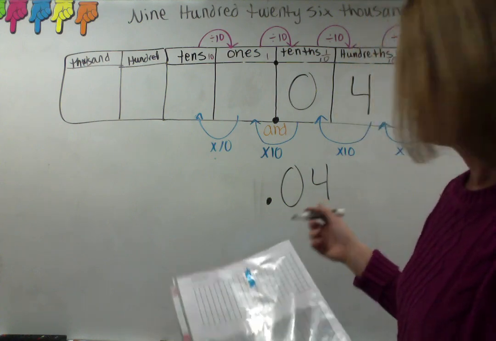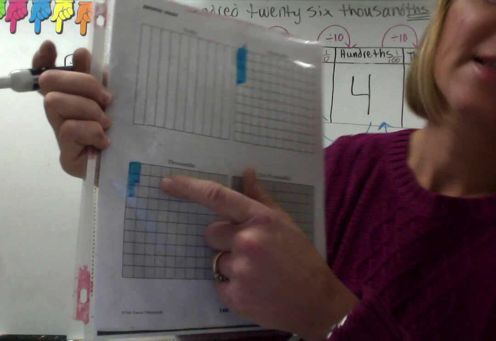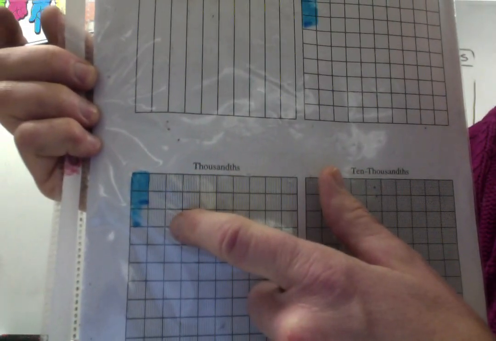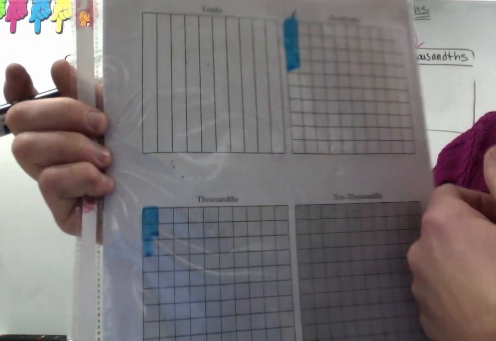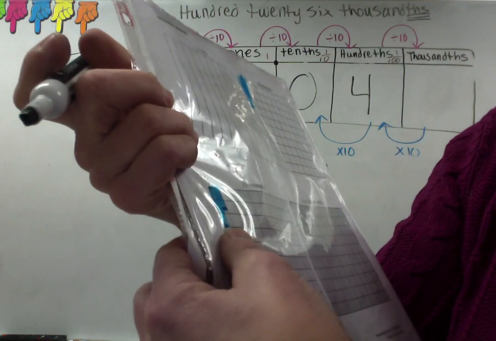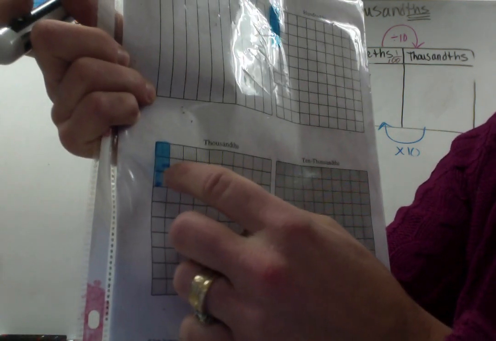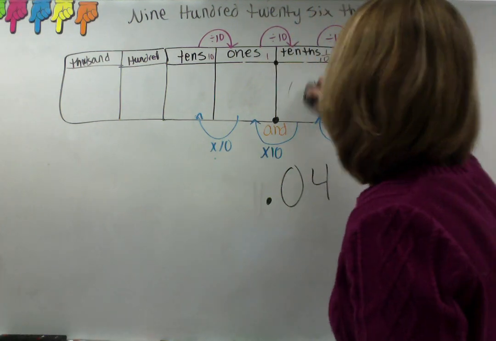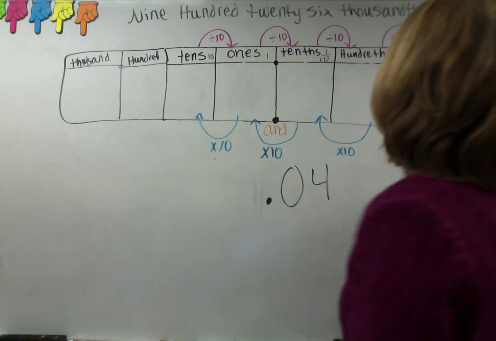All right? So then I drew this number, and this number is thousandths. I'm going to bring this close for you because remember, each of these squares is divided up into 10 pieces. So if I color in 2 squares, I've actually colored in 20 thousandths. And then I have 6 more little lines colored in here. So I've colored in 26 thousandths. What does 26 thousandths look like in the place value chart?